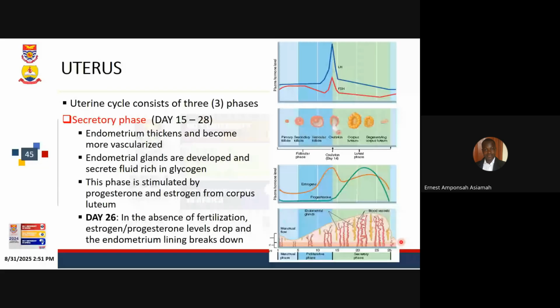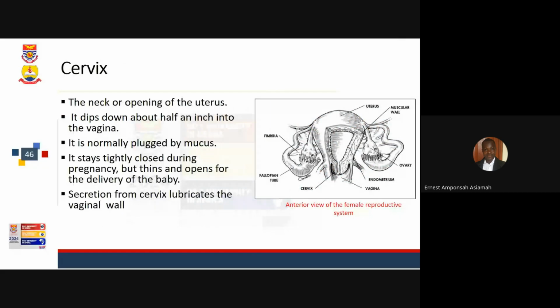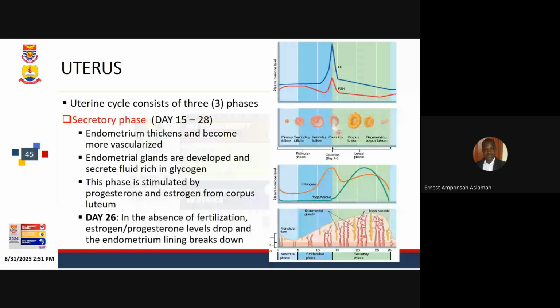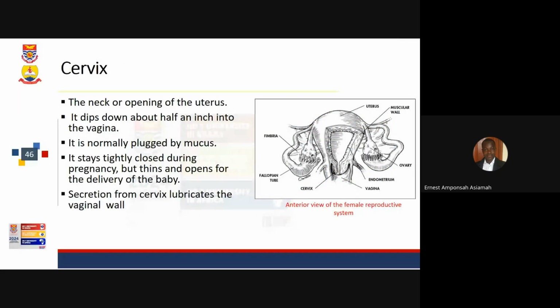Now, in the absence of fertilization, that's after the 14 days, within days 15 to 28, the estrogen and progesterone levels will drop. Since they are the ones sustaining the endometrial thickness, the blood supplying the rest of the endometrium is cut off, and that will bring about blood loss and the breakdown of the endometrium.